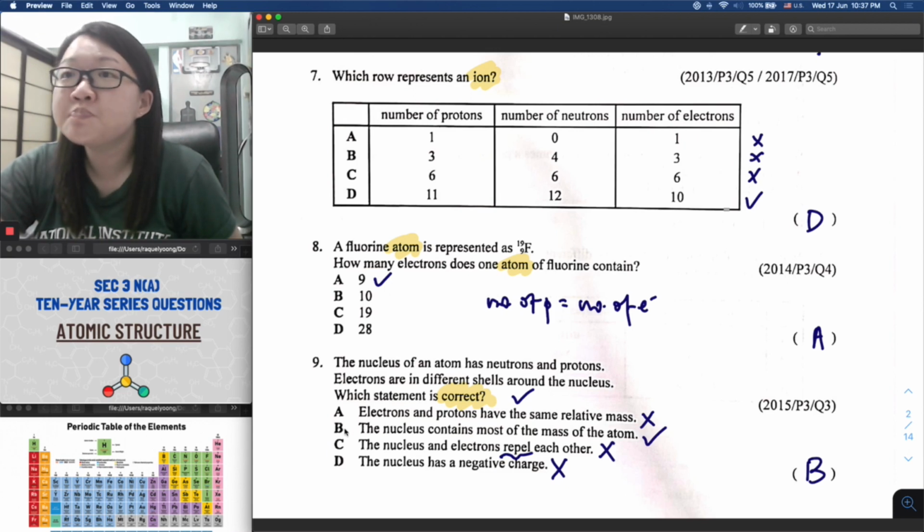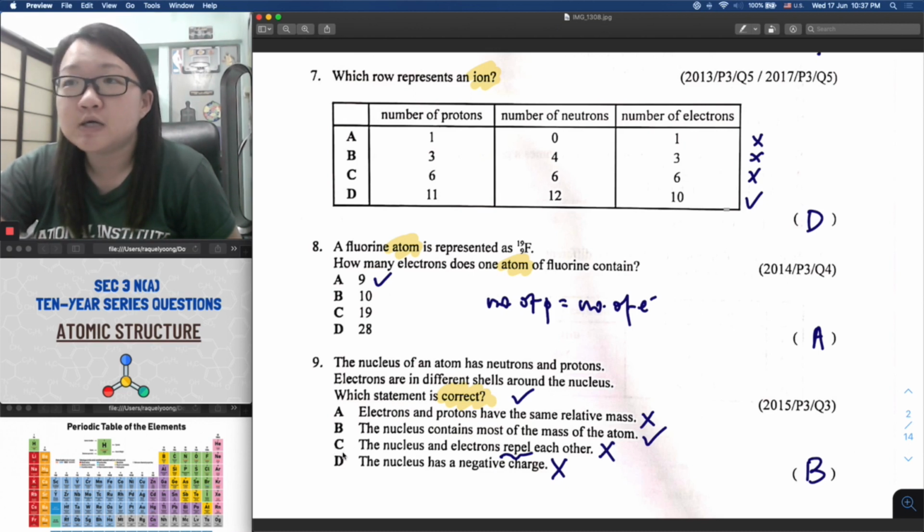B. The nucleus contains most of the mass of the atom. That's true, right? Your protons and neutrons each have a relative mass of 1, and then your electrons, which have negligible mass, are in the electron shells. So therefore, yes, the nucleus contains most of the mass. Alright, so that's your answer, B.